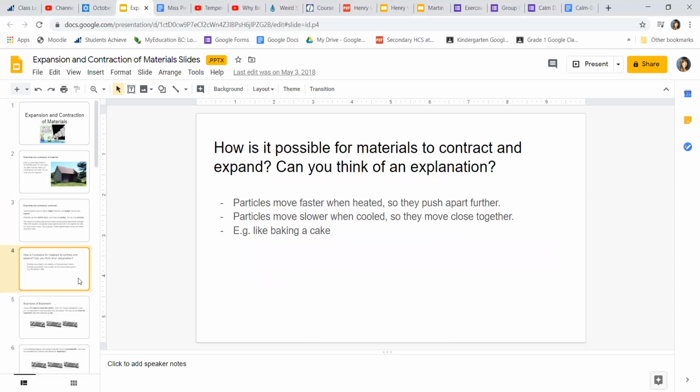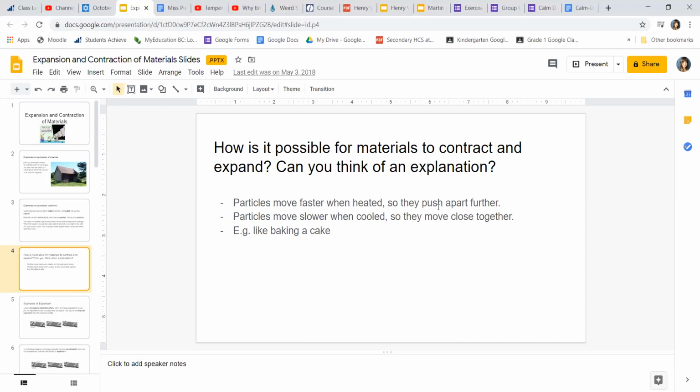Now what we're going to do is look a little bit more into expansion and contraction of materials. When an item is being heated, those particles are going to move faster, so they push apart further. Think about a liquid becoming a gas.